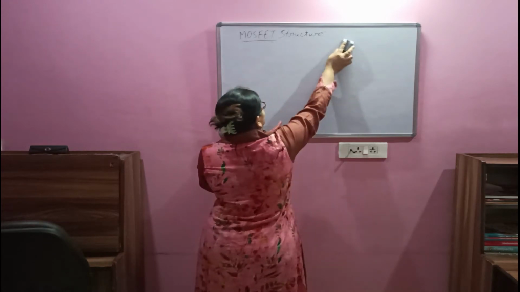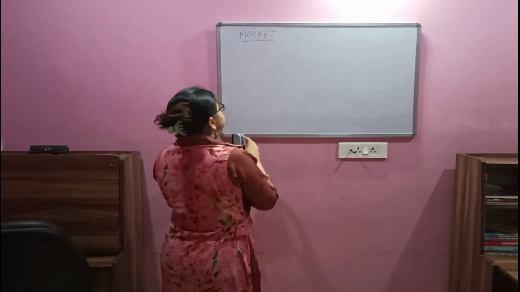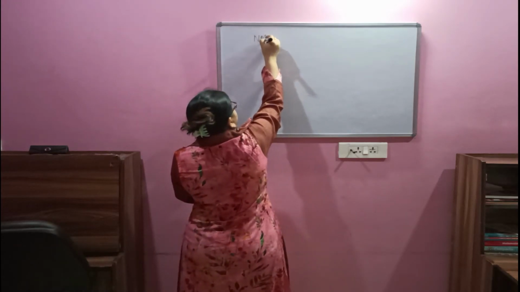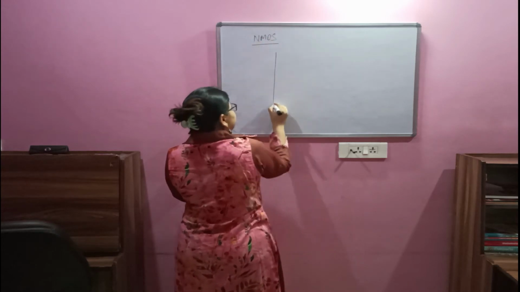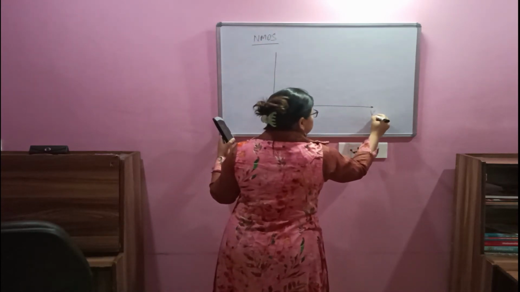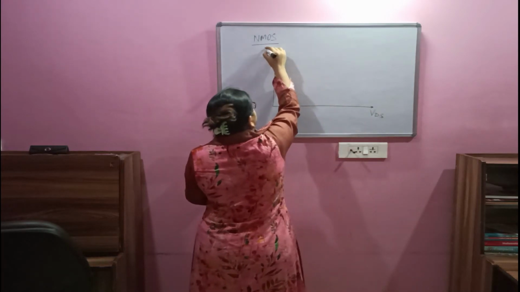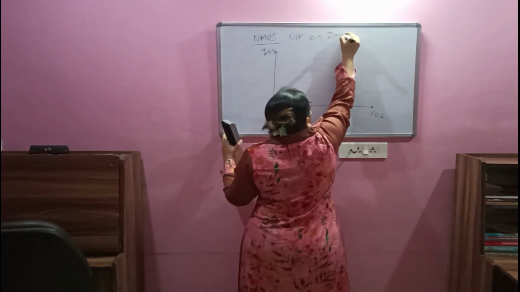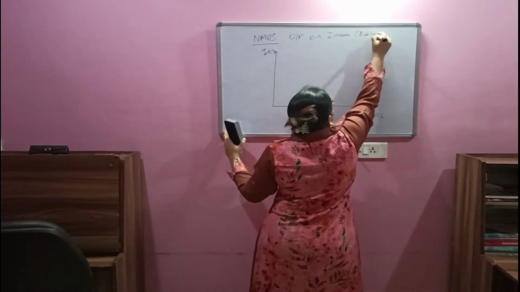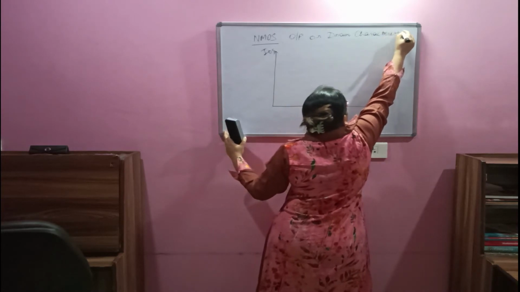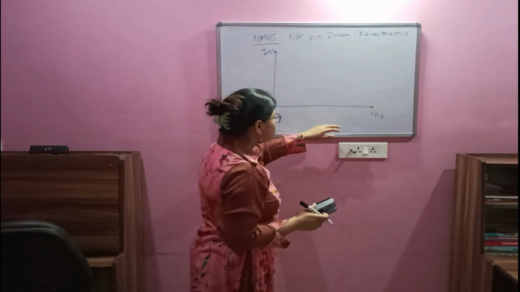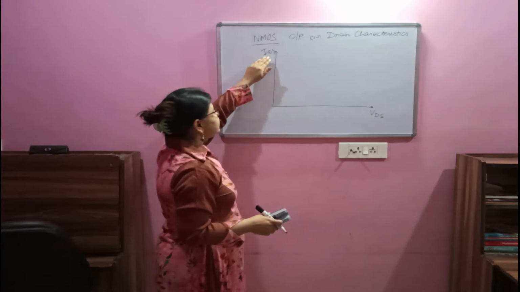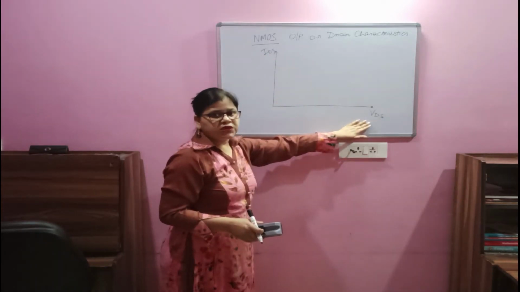Before moving to that, let us see that in an NMOS, if I draw the output characteristic, which is also known as the drain characteristic, it looks like this. Why drain characteristic? Because we are drawing the drain current with respect to the drain-to-source voltage.